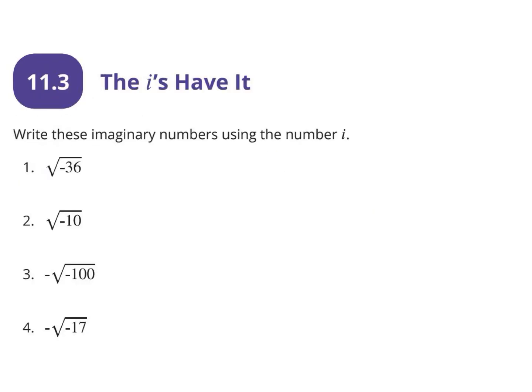Okay, write these imaginary numbers using the I. So what you're going to have to do is separate the radical into -1 times 36. The square root of 36 is 6. The square root of -1 is I. With -10, separate it into -1 times 10. 10 is not a perfect square, so this is I √10.